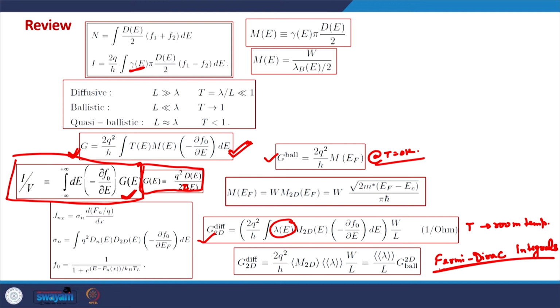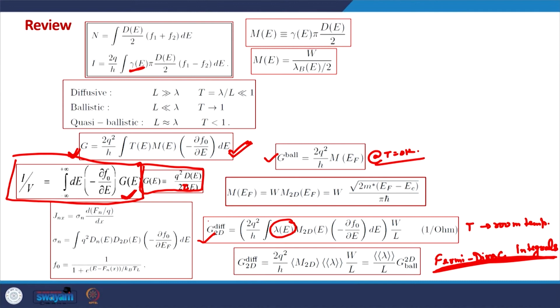But with the Fermi-Dirac integrals and some approximations, for example, the Fermi-Dirac integral boils down to an exponential function for non-degenerate semiconductors. Using that kind of approximations we can do calculations for the conductance at room temperature, both in the ballistic transport case and in the diffusive transport case.